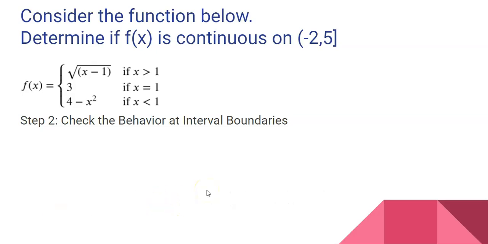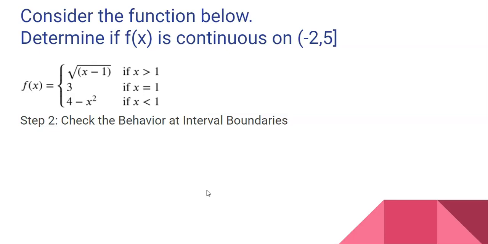Alright, so here for step number 2, we're going to check the behavior at internal boundaries. So we're going to check if the limit is continuous and thus exists at the boundaries. We will check the behavior of both the left hand and the right hand boundaries of the interval. So how?